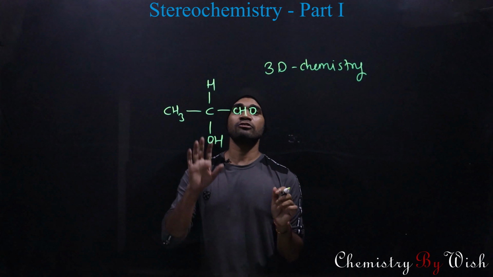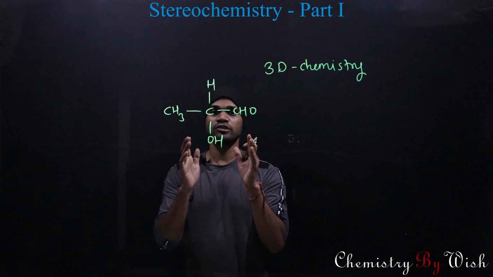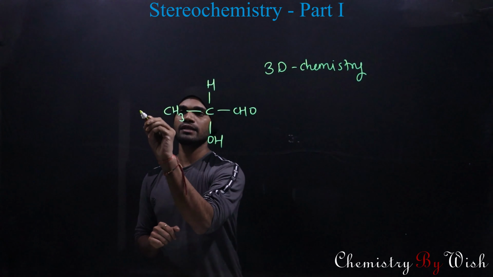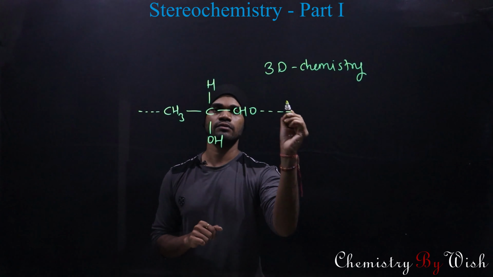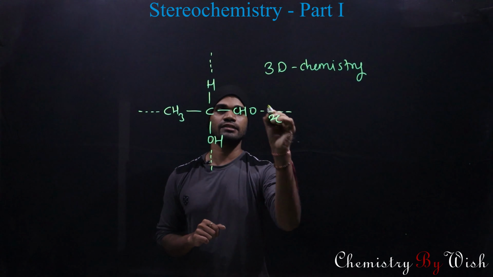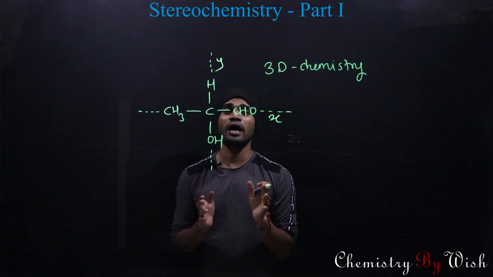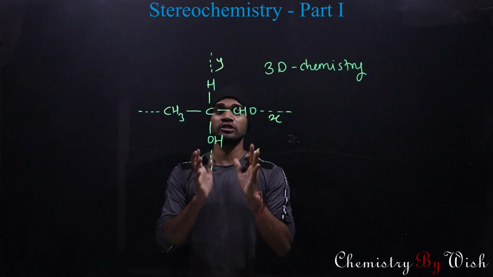So this is a two-dimensional structure. Why is this called a two-dimensional structure? Because it is represented on only two axes: one axis passes through this one, and the second axis passes through this one. So this is an x-axis and this one is a y-axis. The molecule is represented in only two dimensions. That's why this molecule is a 2D structure.